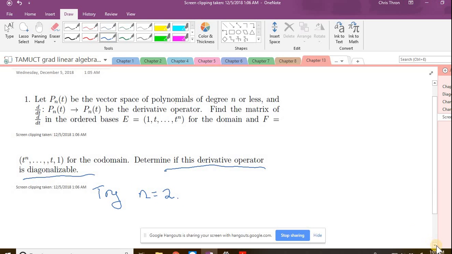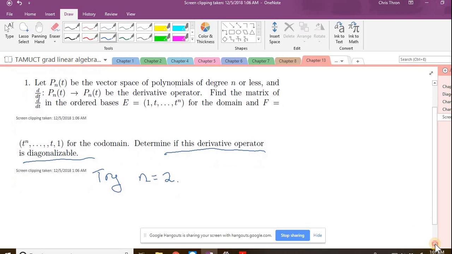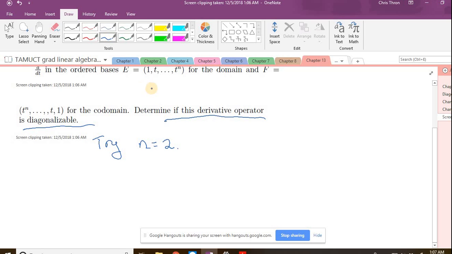Okay. So the question is, what is this operator in this basis? And how do you find out what that is? What's the matrix in this basis? So that means that E equals, well, let's see, well, just try n equal 1. Sorry, n equal 1 is going to be the 2 by 2.